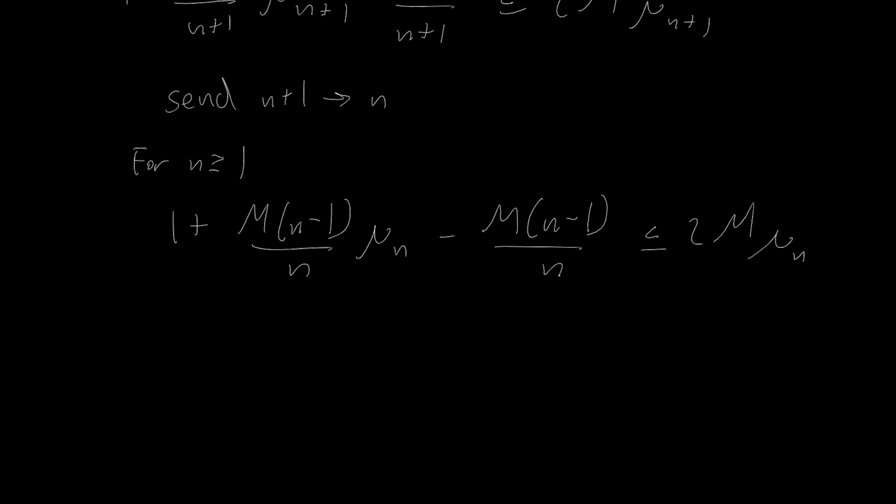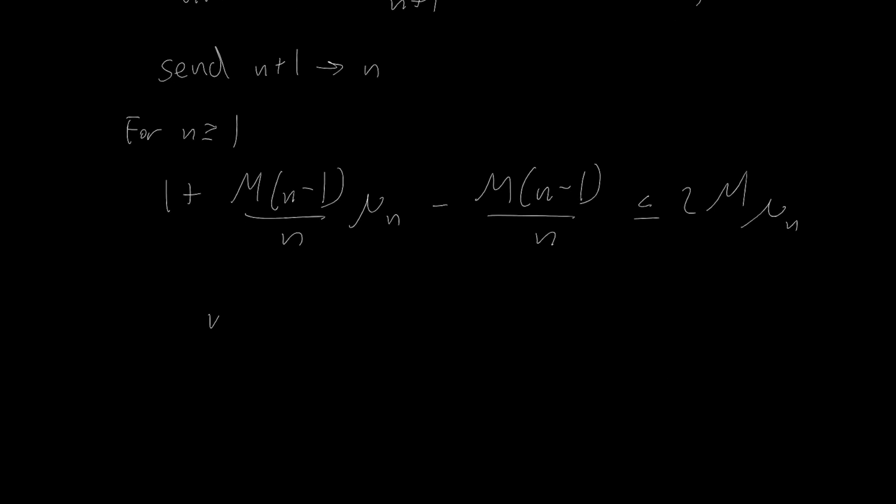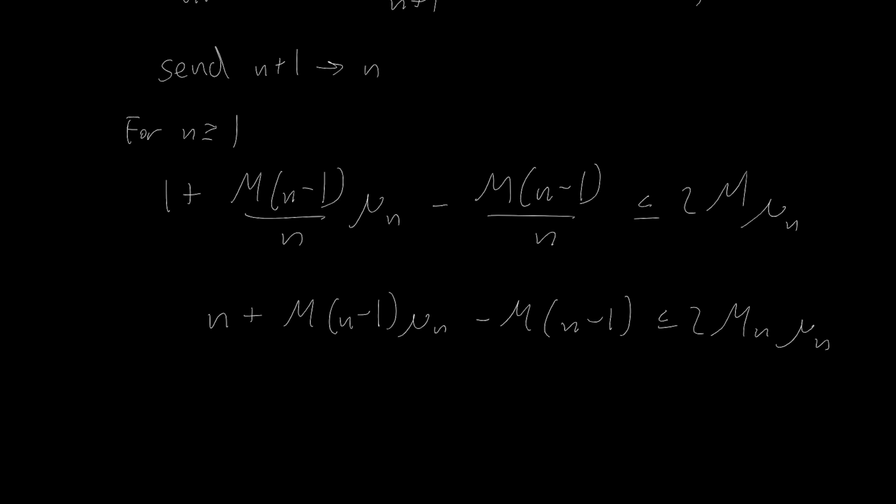First I'm going to multiply everything by n, so we get n plus m n minus 1 mu n minus m n minus 1 less than or equal to 2mn mu n. Okay, we wanted to get mu n on its own, so we bring that to one side: 2mn mu n, and then we expand this bracket out as well.